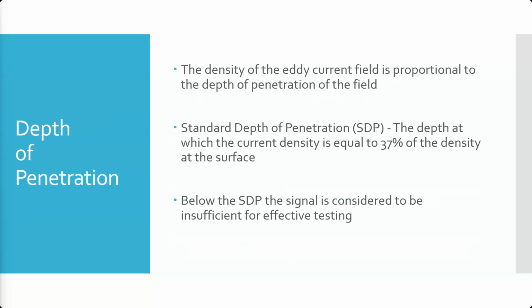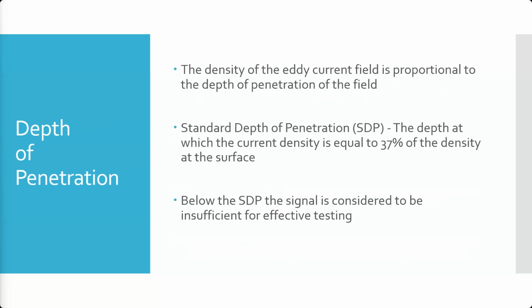But with a given setup, how far we're able to look, that's known as the depth of penetration. So how deep into a material are we able to see a feature, a flaw, or something that's going to cause an indication. The density of the eddy currents is basically inversely proportional to the depth of penetration.